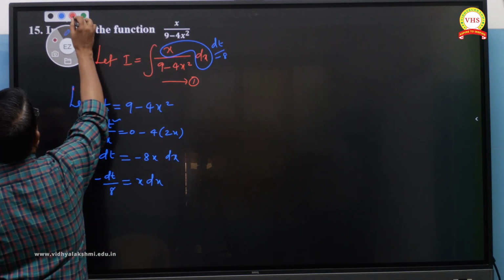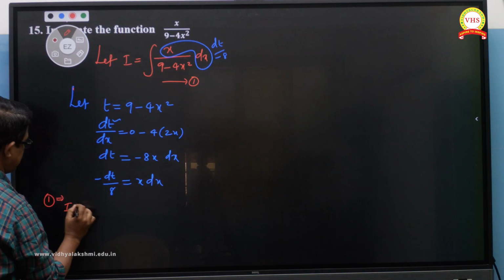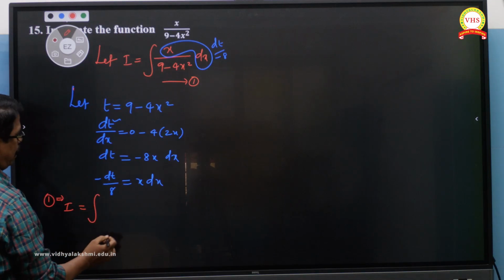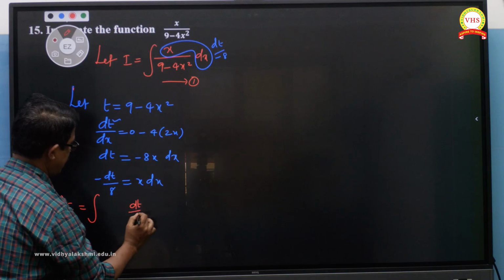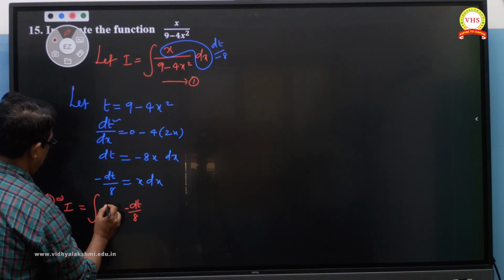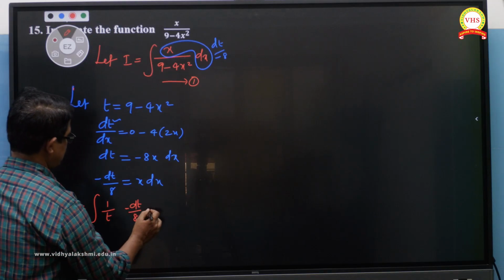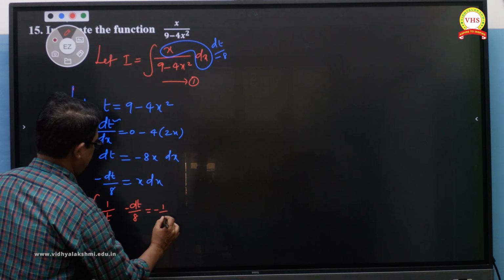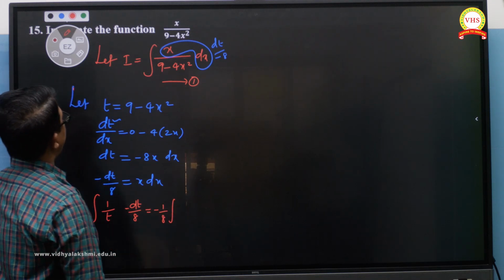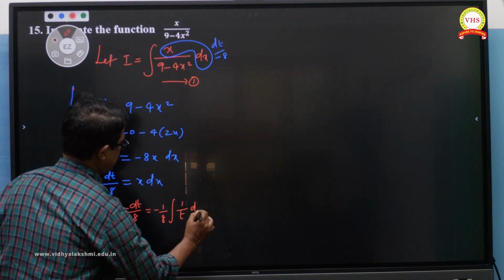Now equation 1 becomes I equal to integral of minus dt by 8 and then 1 by t. That is equal to minus 1 by 8 taken outside, and the remaining term is 1 by t into dt.